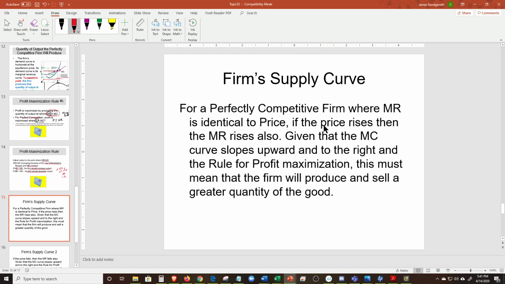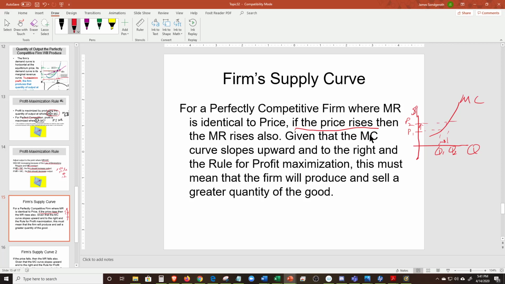So here, if the price rises, with price and cost measured here, quantity here, and marginal cost here, if the price goes up like this, the quantity produced and sold will also go up.